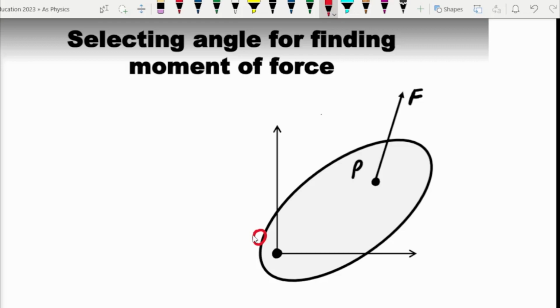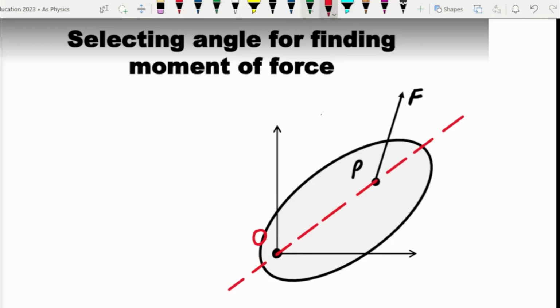So they ask you a question, label the angle which would be producing the moment of force. So what you need to do is join the pivot and the point of application of force with a straight line. You can do it with a dotted line if you want.